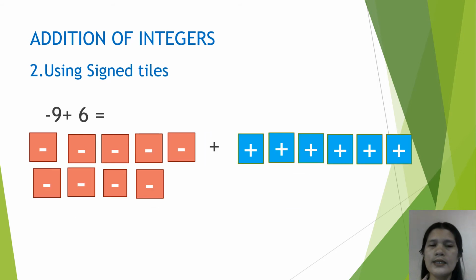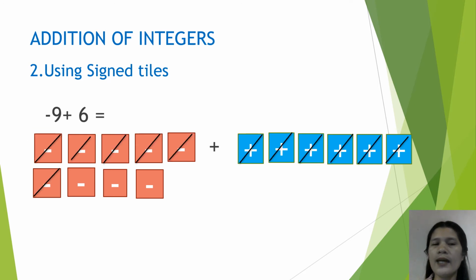So another example, negative 9 plus 6 equals, so we have 9 negative tiles plus 6 positive tiles. So we have to combine the positive and negative tiles to find the sum of the two integers.